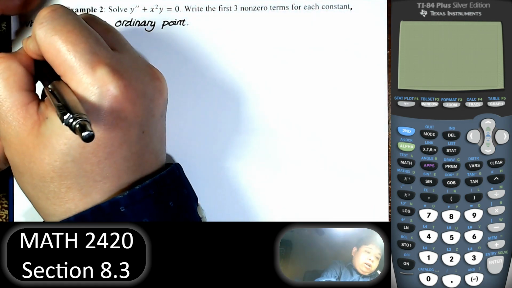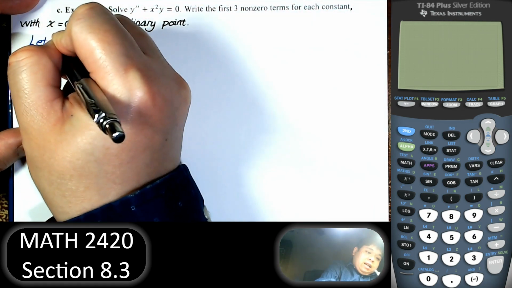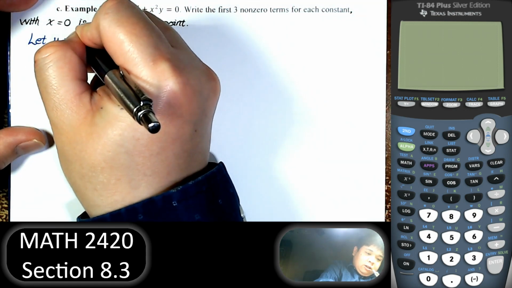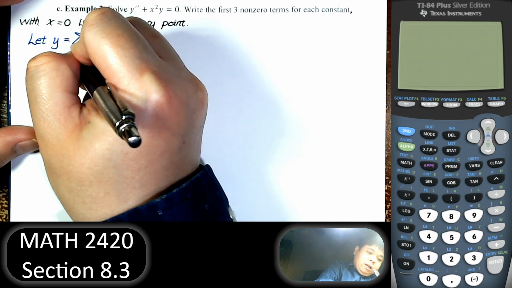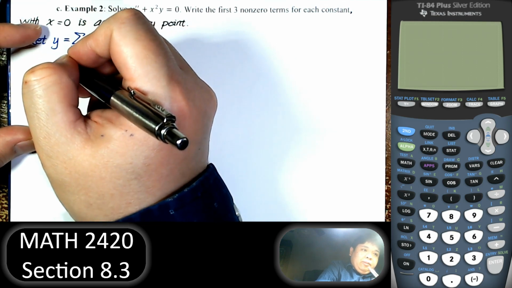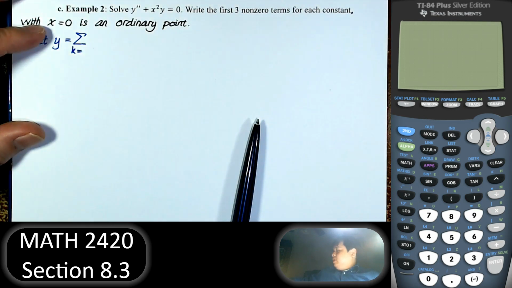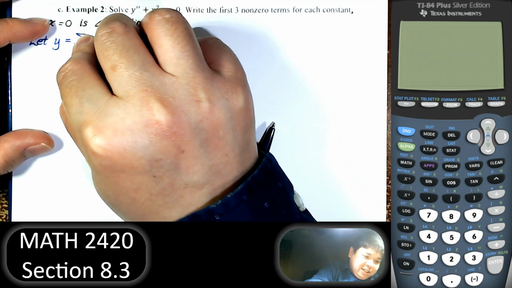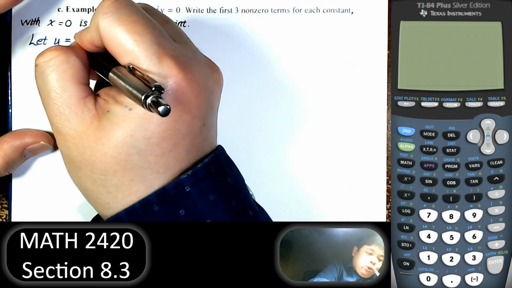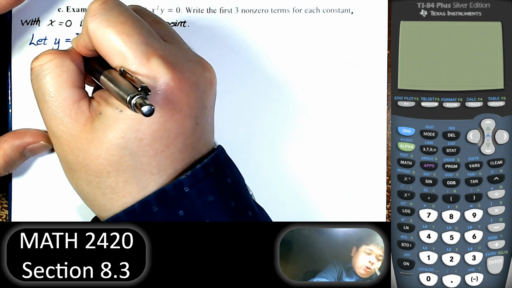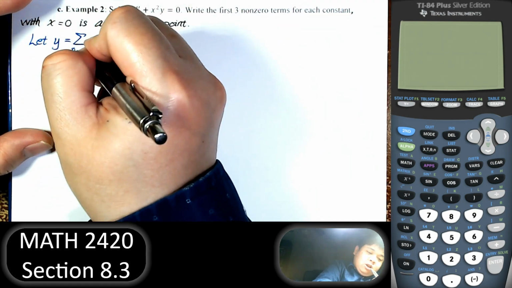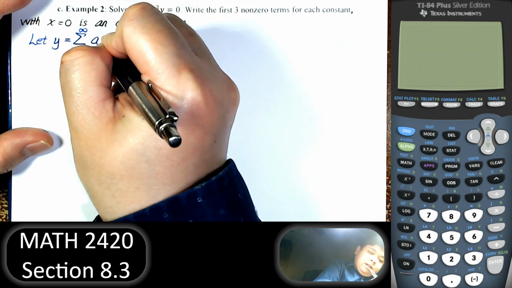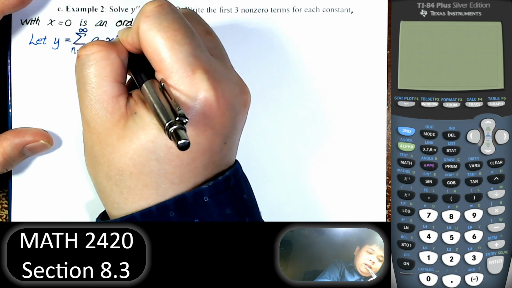So in which case we can say let the function be the power series solution. Right. Let's go with n, because later on when we change the index, we're going to introduce k later. So let's start with n equal to 0 to infinity a sub n x to the n.